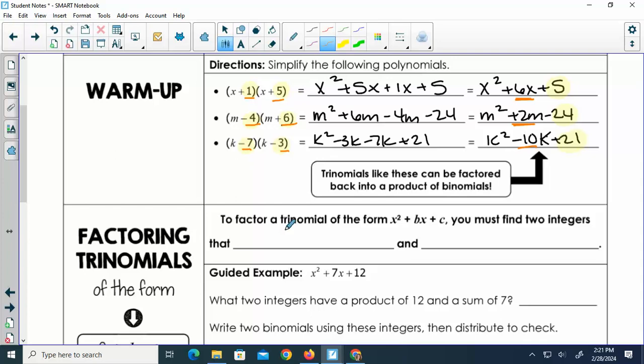So we are trying to find two integers that will multiply to the constant and add to the middle number. So if it's of the form ax squared plus bx plus c, you want it to multiply to c and add to b.